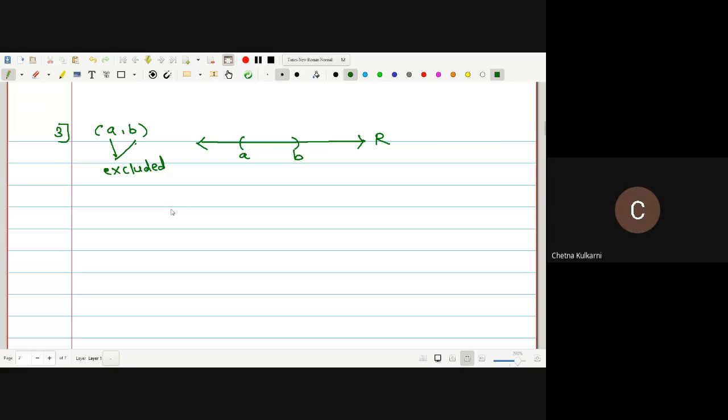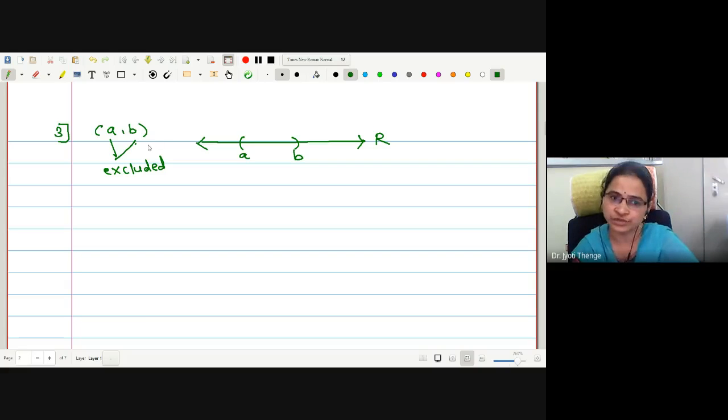Closed set. In closed set, they are included. Now the question we are thinking is set AB, open interval AB, whether it is the neighborhood of each of its points. Suppose I have taken a point X here and I want to check whether open interval AB is neighborhood of X or not.